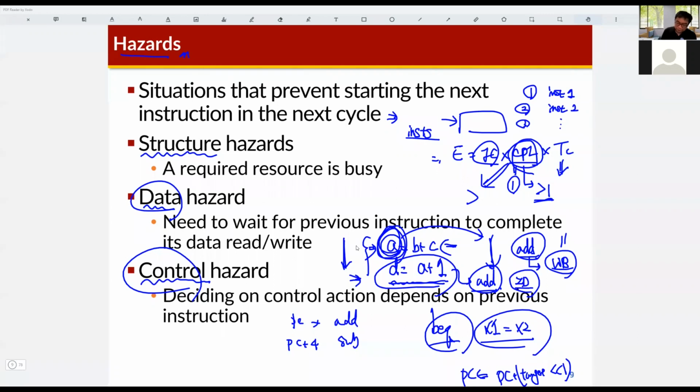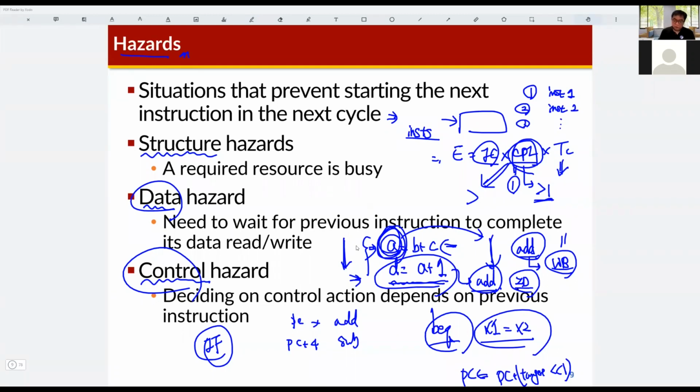So the processor needs to wait until the target of the branch or the condition of the branch is resolved. But in the normal case, the instruction is fetched in the instruction fetch stage, the first stage of the pipeline processor.